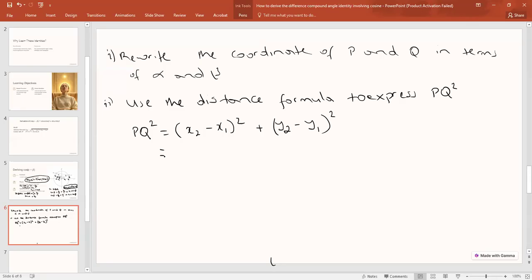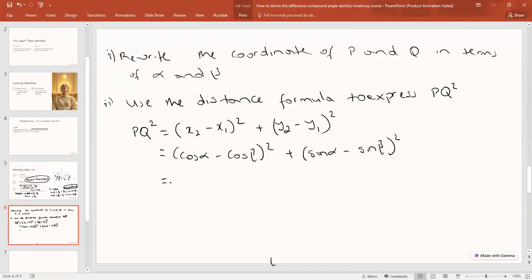We now replace it with our new values that we obtained from our previous slide. So we are going to have cosine of alpha minus cosine of beta all squared plus sine of alpha minus sine of beta all squared.